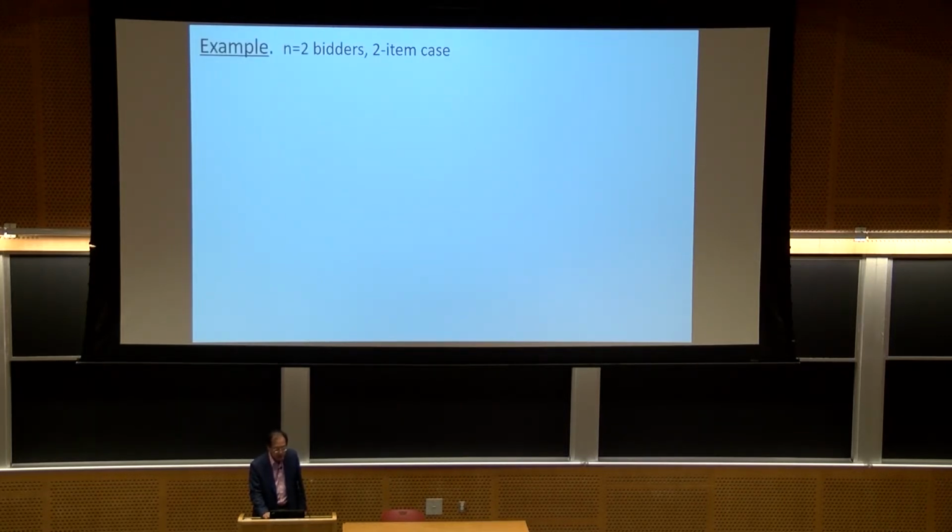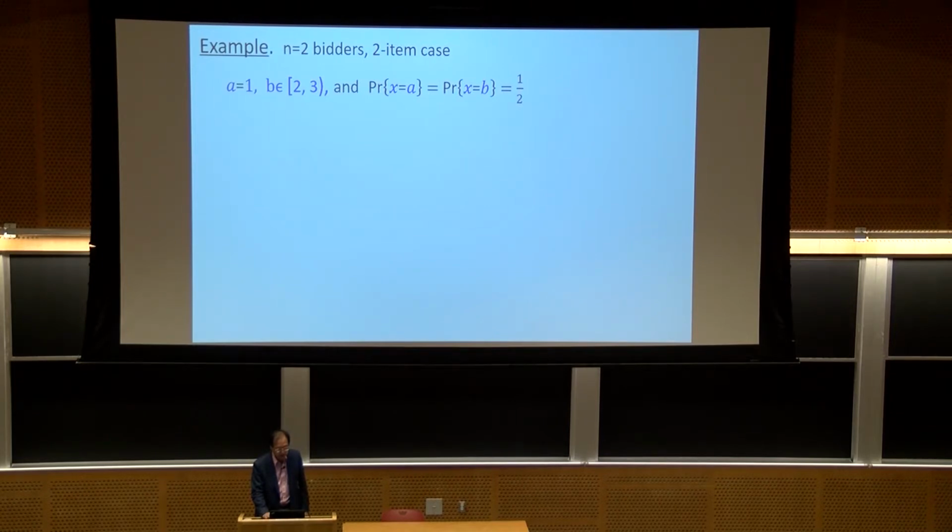So that's the statement of the main theorem. And now we are going to go to the second part, namely to give you an idea why BIC could sometimes be bigger than DIC. So here's the simplest example. You have two bidders, two items, the low valuation is 1, and the high valuation is between 2 and 3.